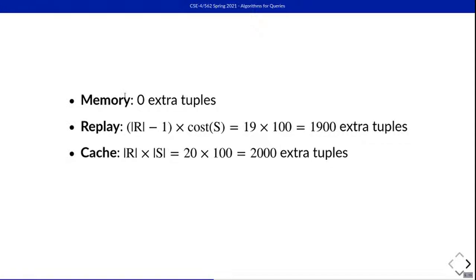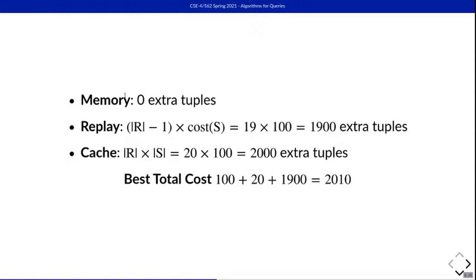So that first one is free to read it in, but we're going to have to write it out, so that is an extra 100 tuples, because that's the size of S. And for each of the remaining 19 tuples in R, we're going to have to read in those 100 tuples back in from disk. So that is 1 times 100 plus 19 times 100, in other words, 2,000 extra tuples.